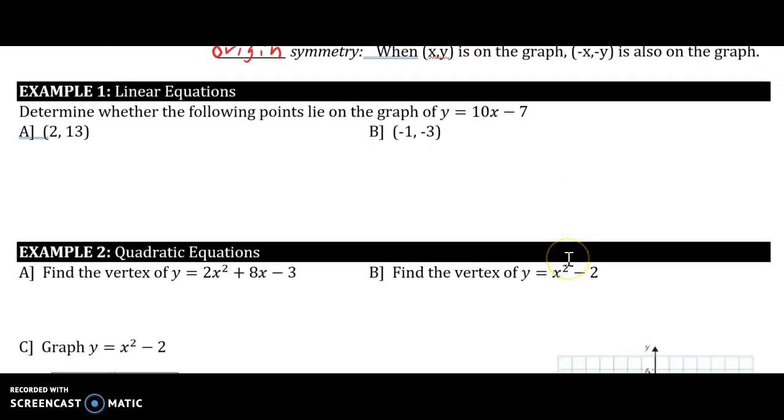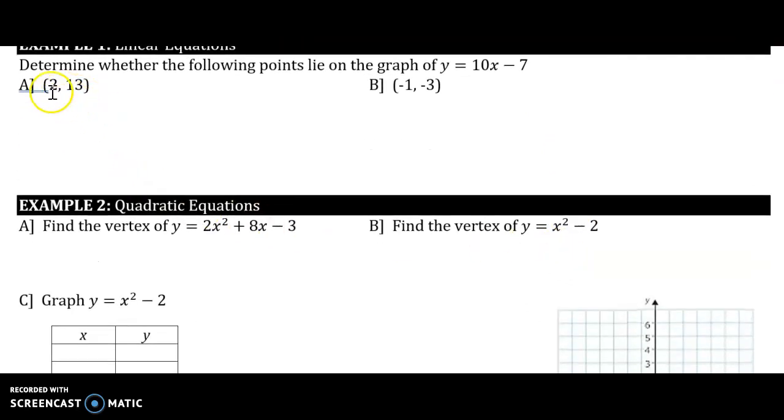Determine whether the following points lie on the line. We're just going to plug it in and see if it works. Or we could also graph it and take a look at it that way, but algebraically we'll do it this way. So does 13 equal 10 times 2 minus 7? And I think it does.